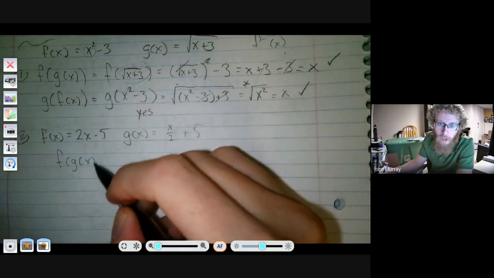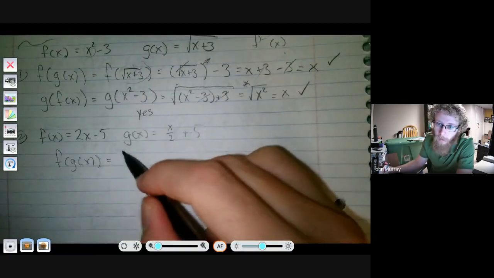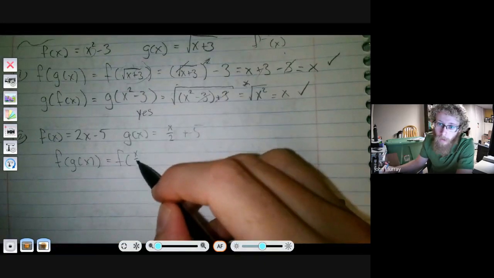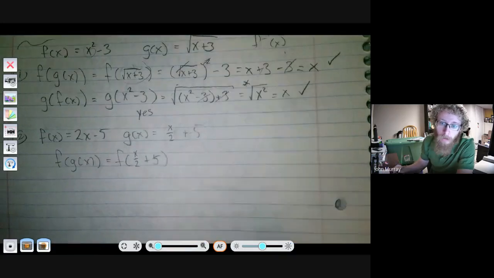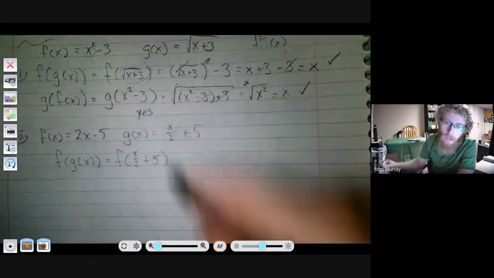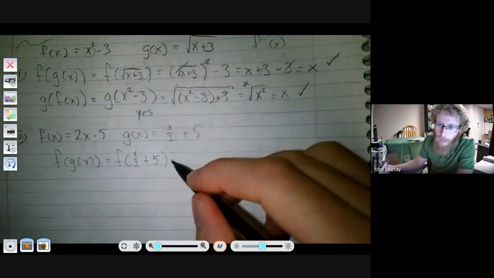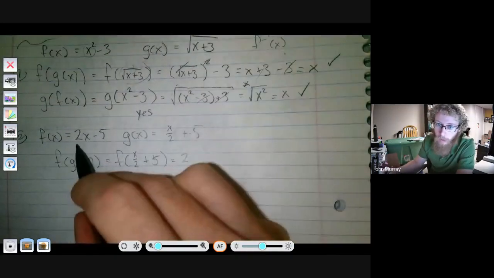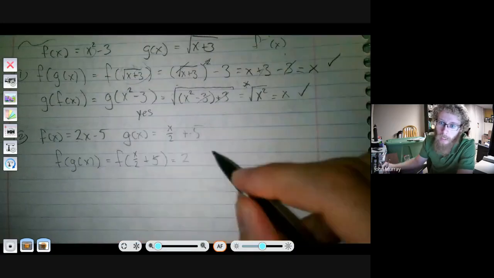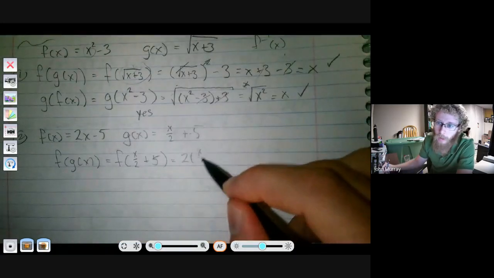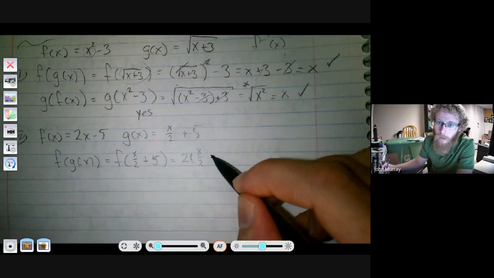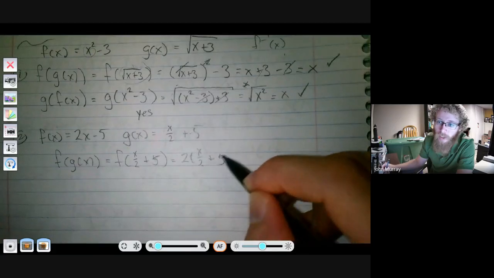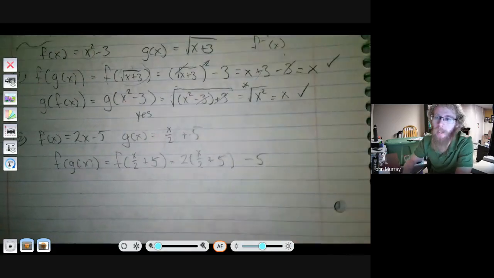So doing f of g of x, I'm plugging my g function into here. We're going to have 2, because that 2 is on the outside, and then I'm replacing x with x over 2 plus 5, minus 5.